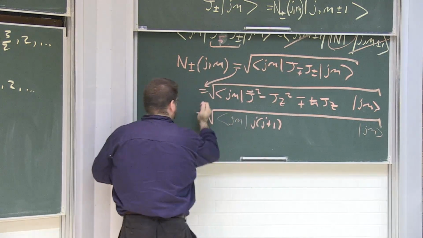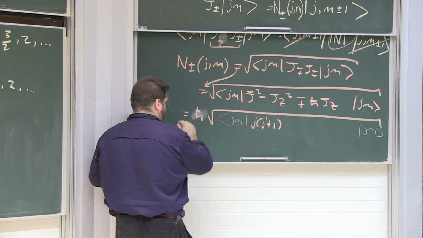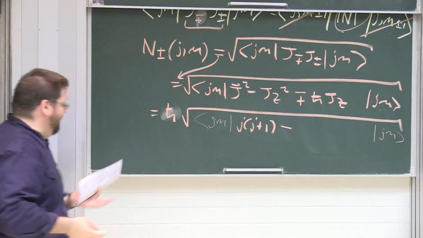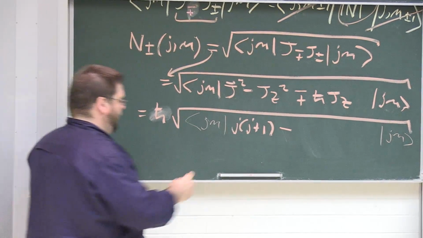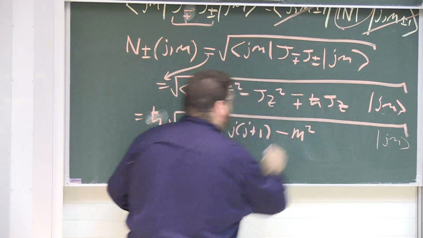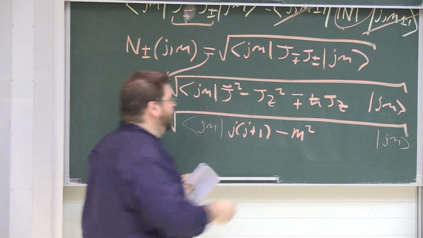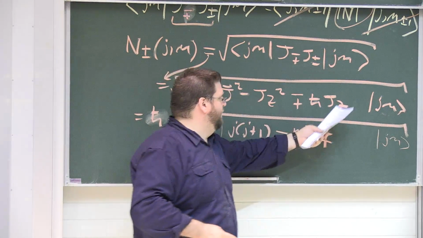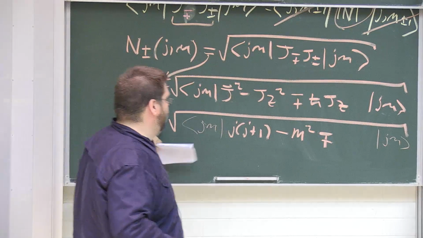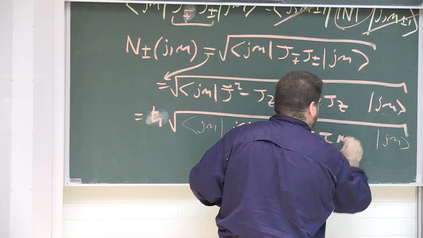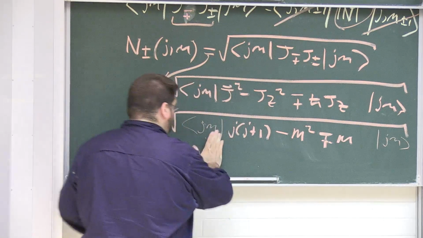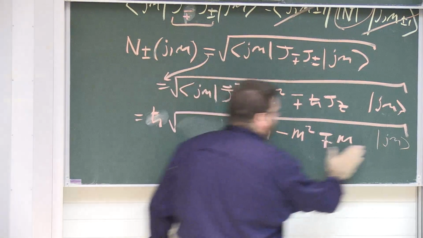The ħ squared, let me bring it through the square root as a ħ. Minus jz will pull out an m ħ. It acts twice, so it'll pull out an m squared ħ squared. Minus or plus ħ, m, ħ. The ħ squared's out here, and here's our m. And this is a number which can come outside the bracket. The bracket would be 1, so it's gone.